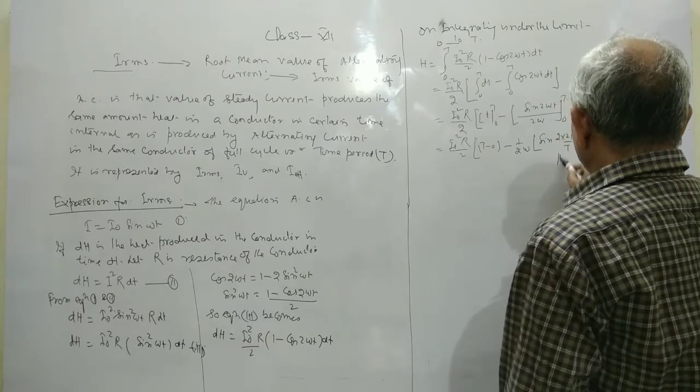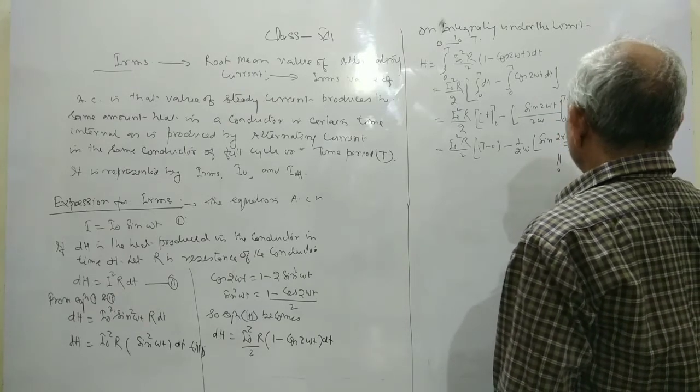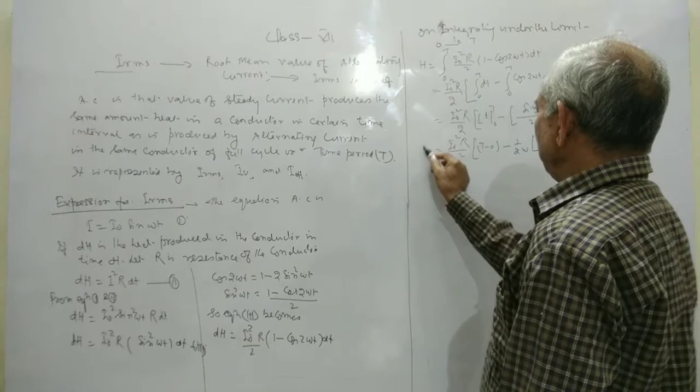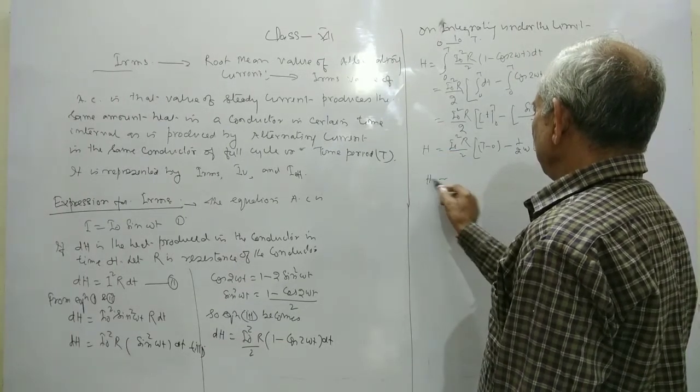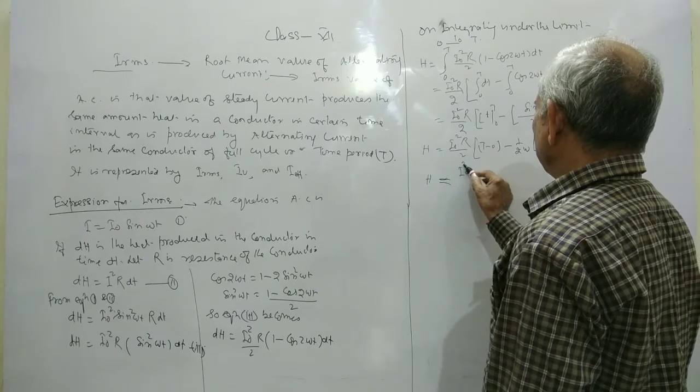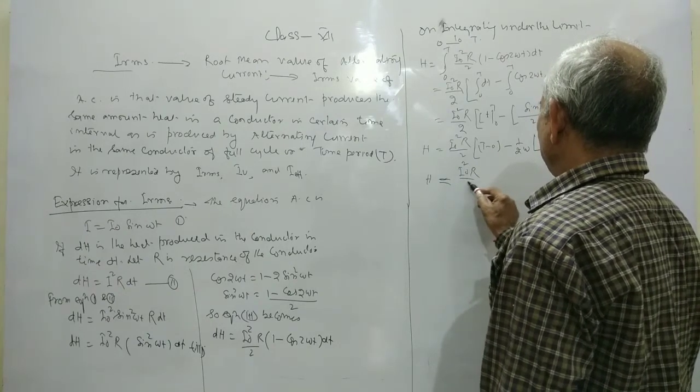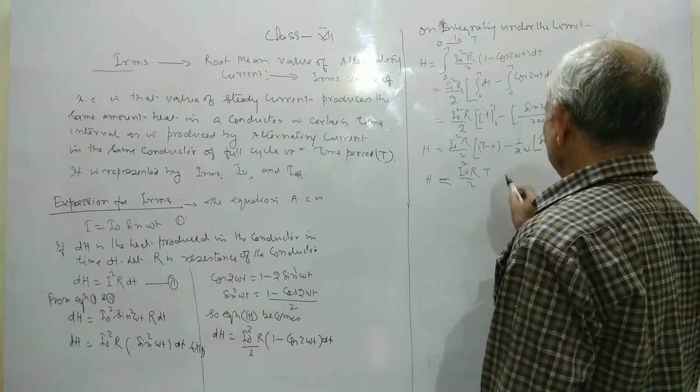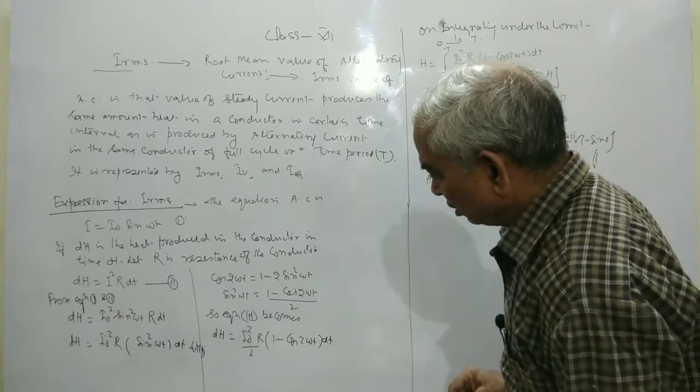So this becomes 0. This becomes 0. It means H is equal to I naught square R upon 2 into T. This is equation 4.